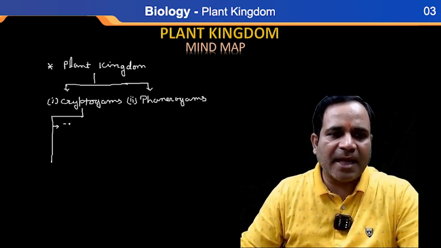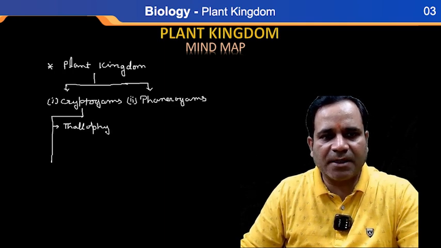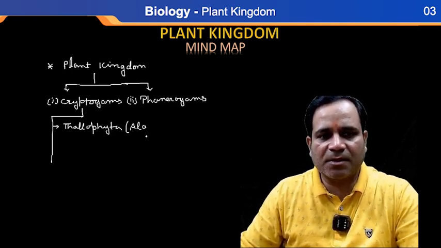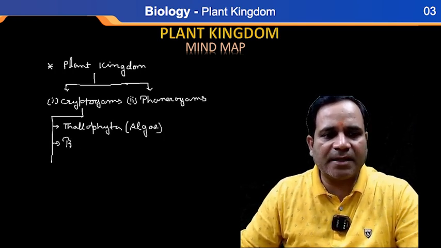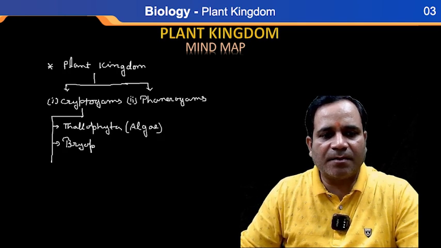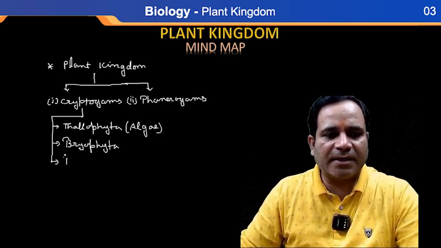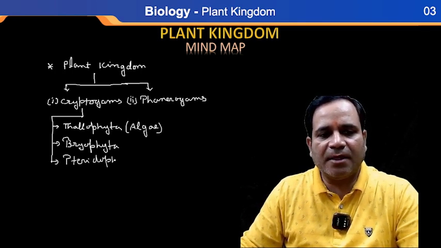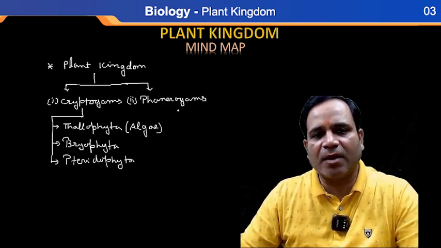That is thallophyta, which you also call algae. The second one is bryophyta. Then after that, pteridophyta, my dear. Correct? Now, this phanerogams is further classified into two parts, my dear.